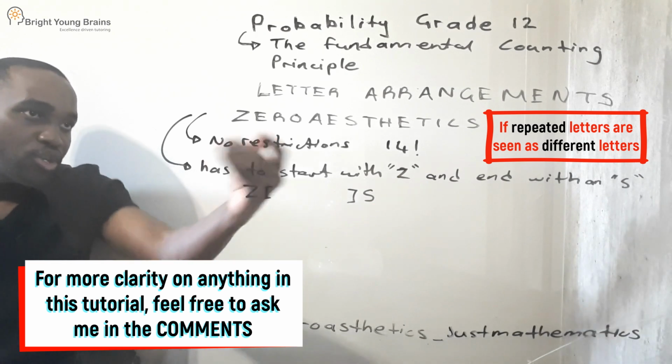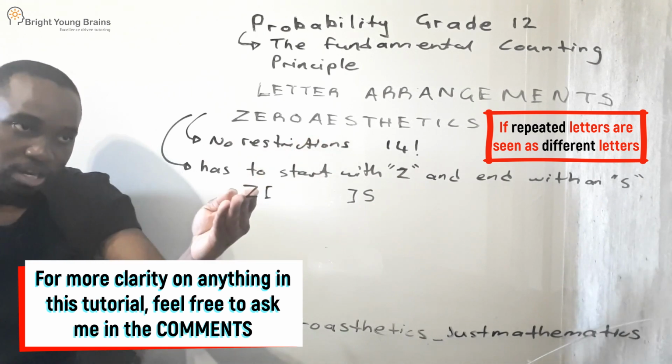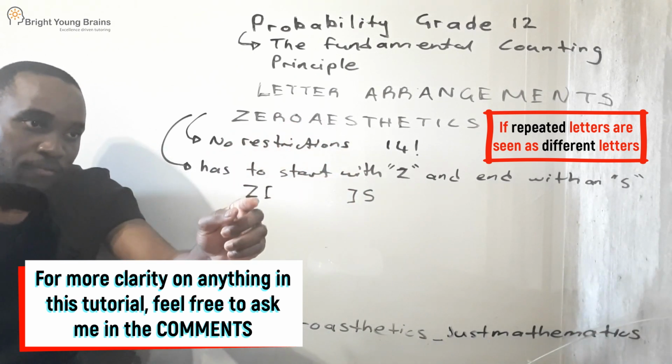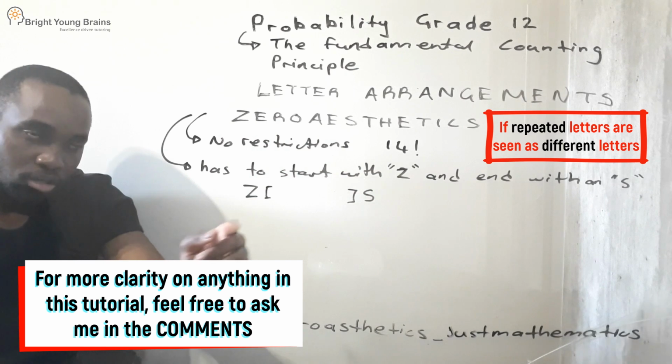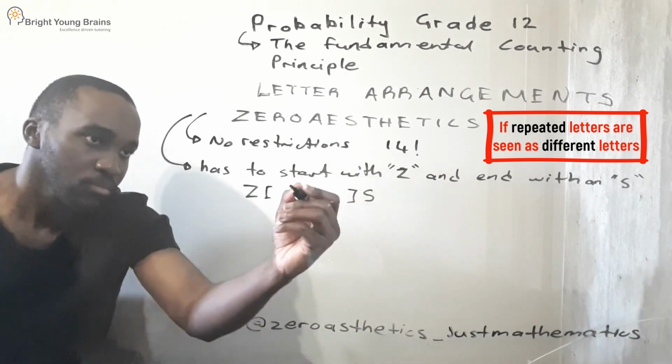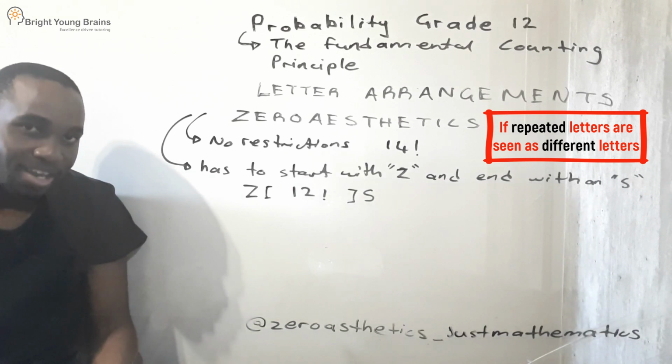So if you need to work out the number of arrangements if your word has to start with Z and end with S, you fix Z at the start, you fix S at the end, and then in the middle you have 12 letters left.